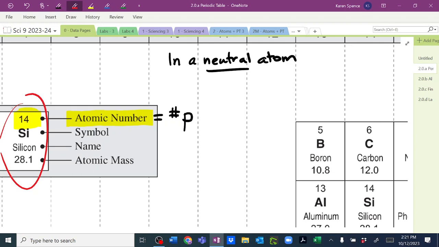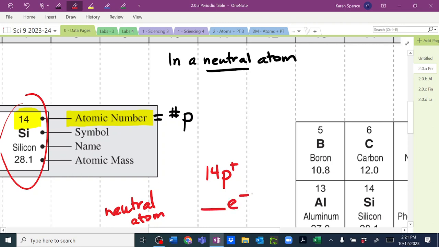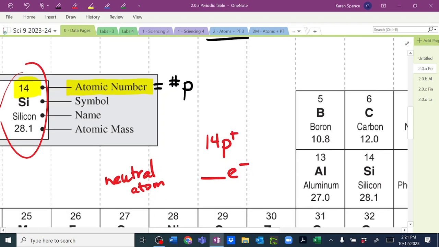Now, let's say I have silicon. This part, don't write this down, the stuff in red, okay? If I have 14 protons and I have a neutral atom, how many electrons will I have? What's the charge of something that is neutral?